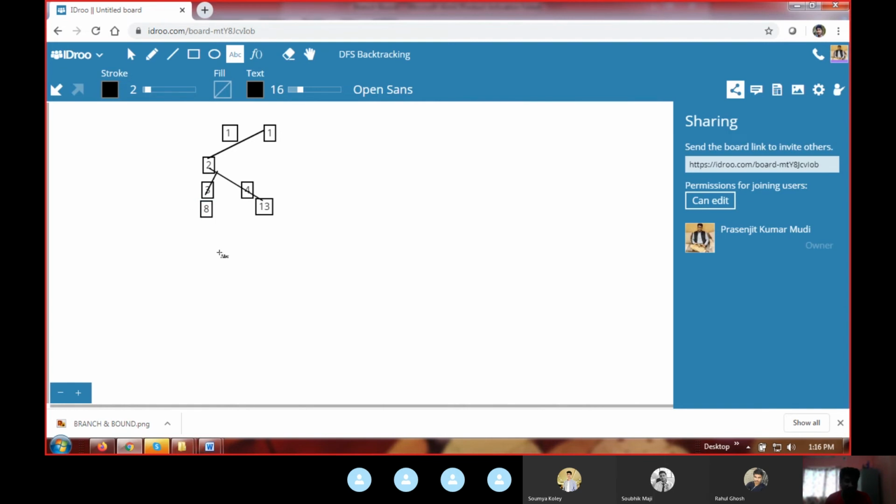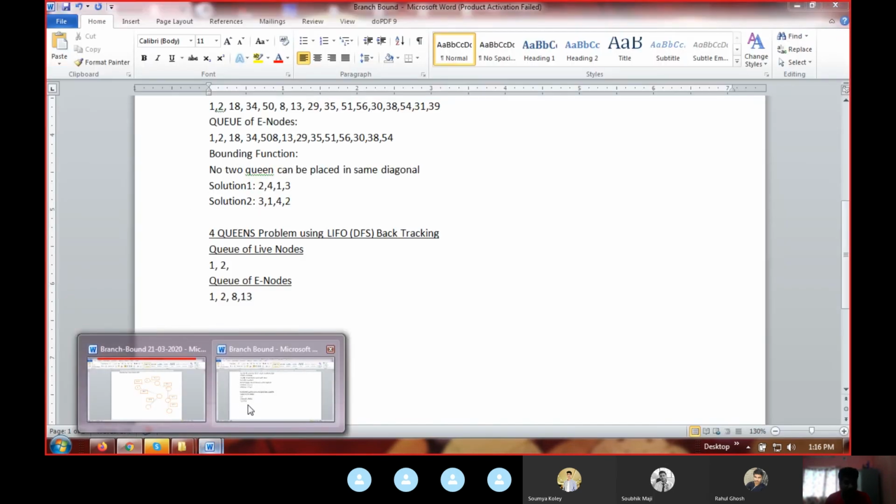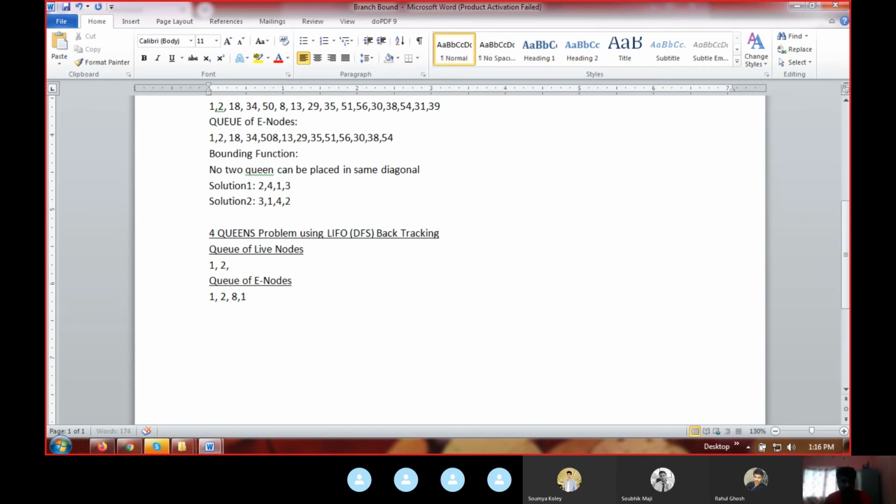So node 8 will be the next E node. We want to now explore node 8, so let's explore it.